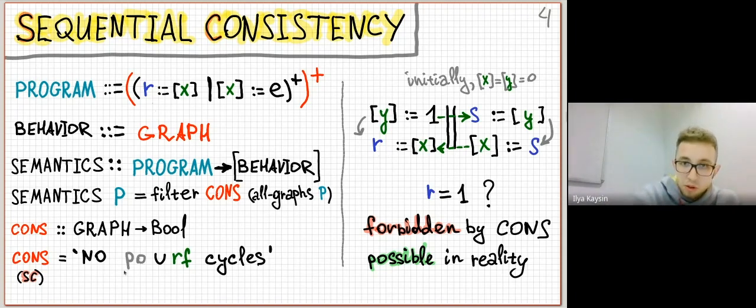So PO should also be preserved, but in reality it's actually false. We can execute the instructions from one thread in a different order, not in the order of the thread.